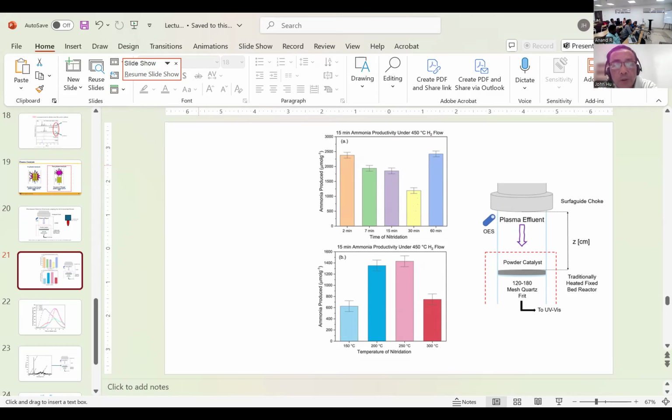What's the power? Do you use a magnetron generator or a solid state generator? 1 kilowatt, 3 kilowatt? 1 kilowatt. Is it a magnetron or solid state? Not magnetron, sir.